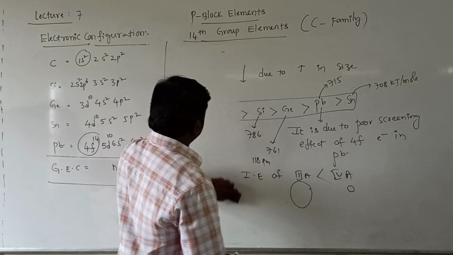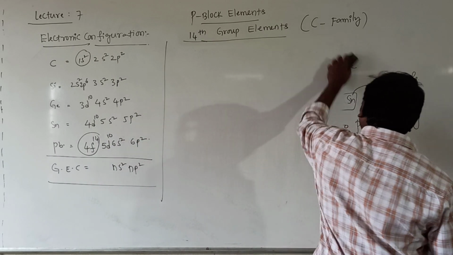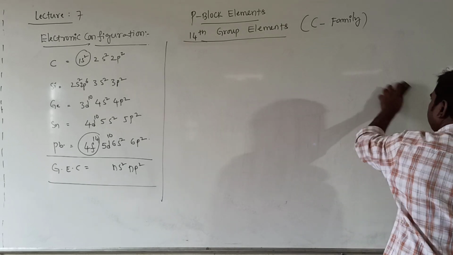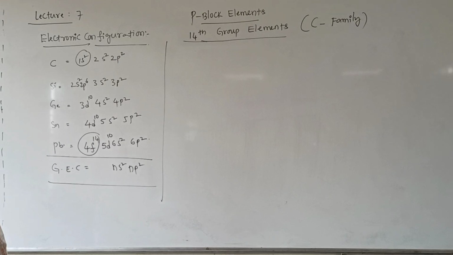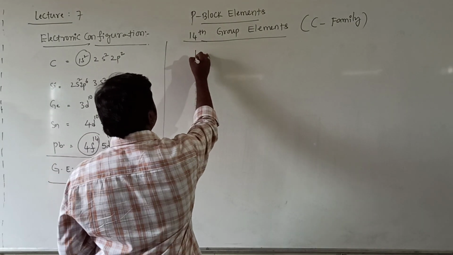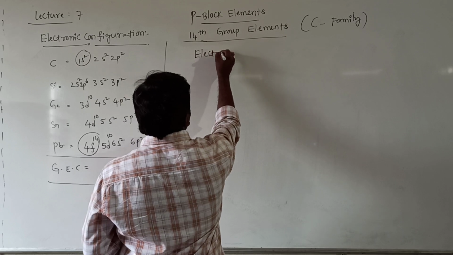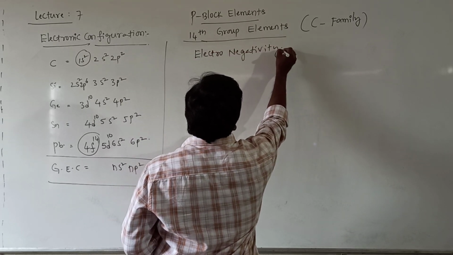After this, next property, electronegativity. Electronegativity of 14th group elements.